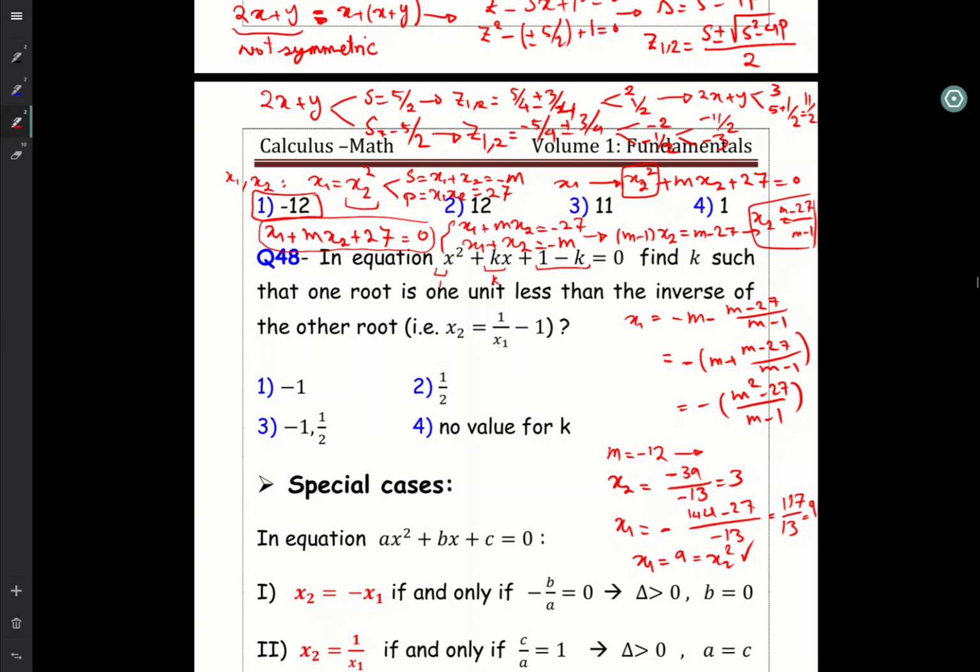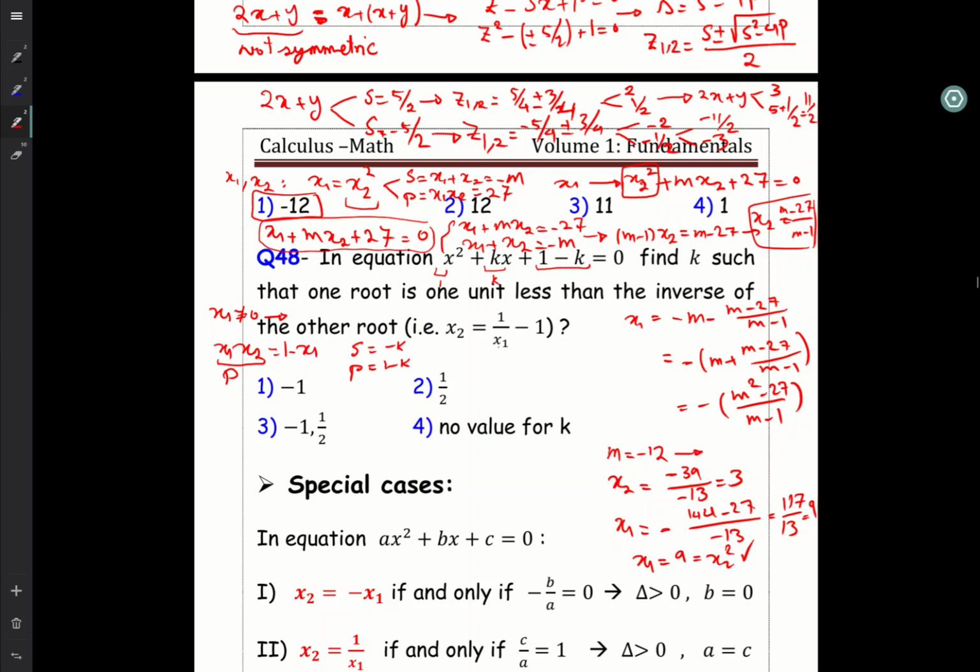Obviously x1 is not 0. And let's multiply this by x1. So x1 x2 is 1 minus x1. So x1 x2 is our p, right? And what is s and p? Let's see. s is minus k and p is 1 minus k.